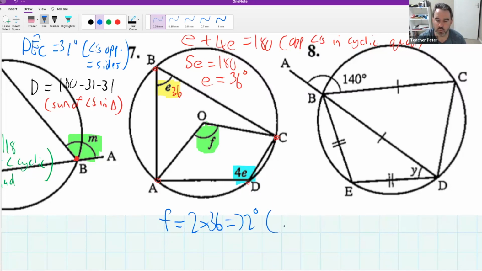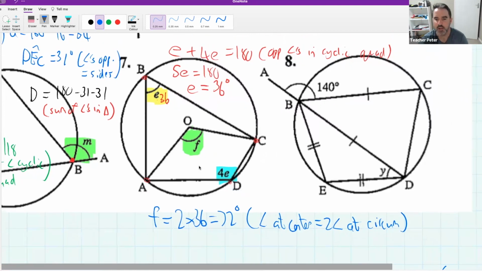And the reason would be angle at center is twice angle at circumference. That's the reason on the official reason sheet. I will show you the official reasons sheet, I think, in the next lesson. I didn't want to overwhelm you with reasons at the beginning, but I think it is worth having a look at them as we get into this chapter.